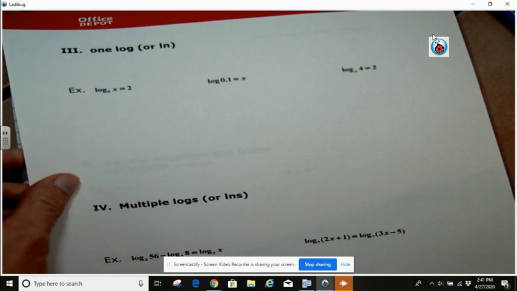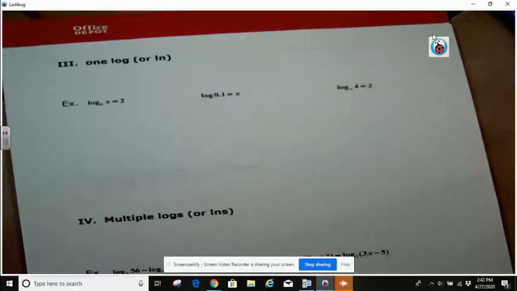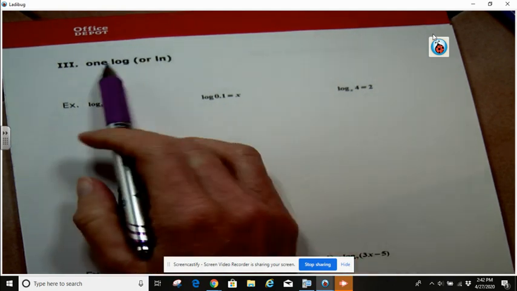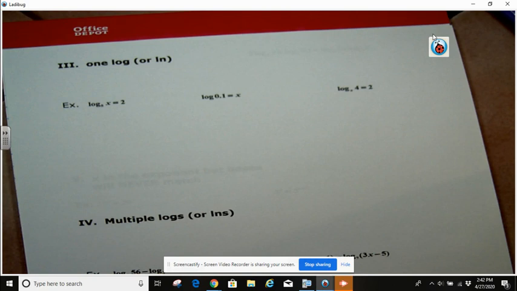And now we're going to get into the new stuff. What do you do when you have logs involved in your equation? So there's a couple different ways that your equation that has one log or natural log could look, and different strategies.